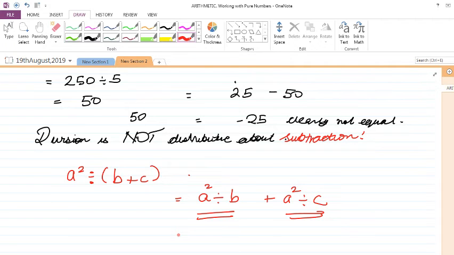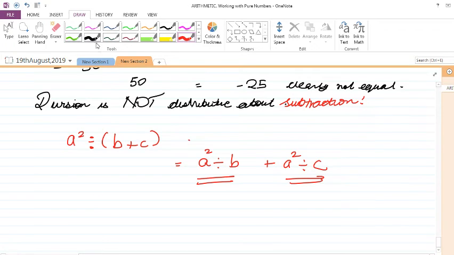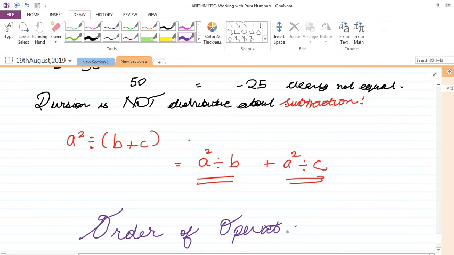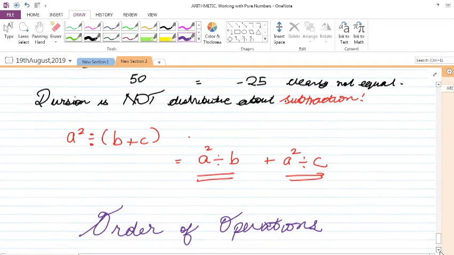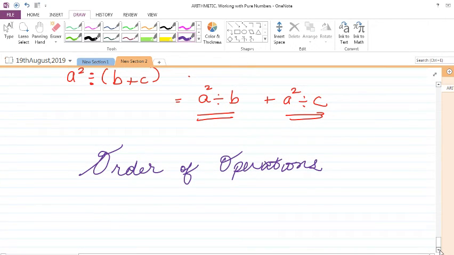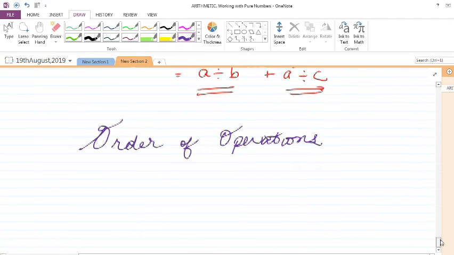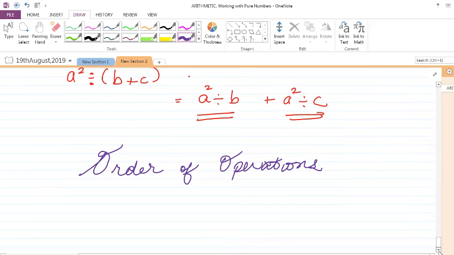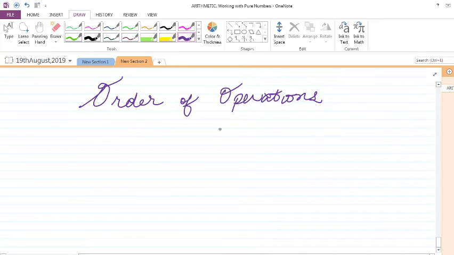Now, let's look at order of operations. In order of operations, if you do a set of operations, you must know the order in which to work them.